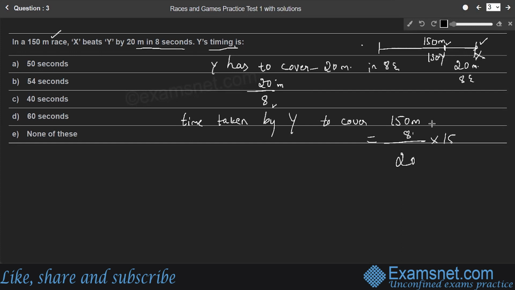Therefore, to cover 150 meter, very simple calculation: 4 into 2, 4 into 5, and 5 into 30 is 150. So 30 into 2 is 60. So to cover 150 meter of distance, Y takes 60 seconds of time. Hence, option D is the right answer.